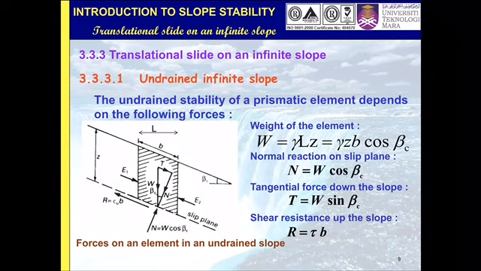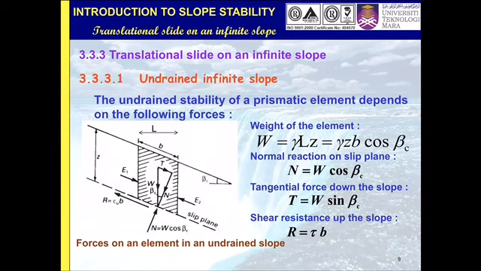Again, L is the horizontal dimension, and because the slope is inclined, with width B and angle beta, L is equal to B cos beta. Beta is the angle of the slope.